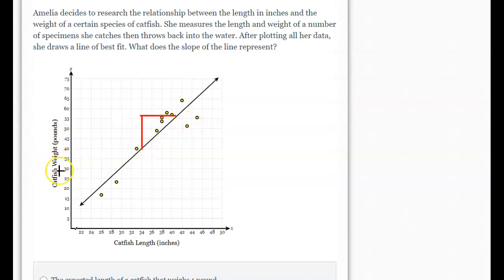So you're rising up the change in weight over the change in length. Because remember that when we found slope, it was rise over run, which is the change in y over the change in x.